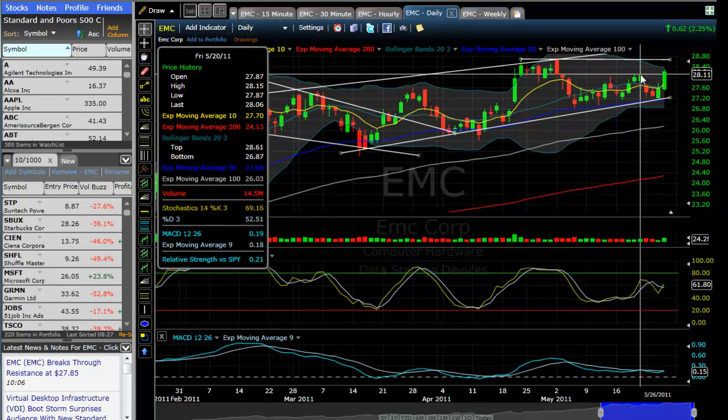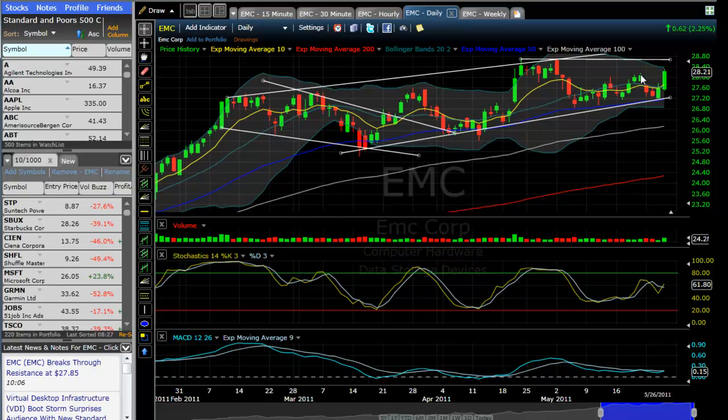Okay, when I saw this poke above that, I exited my entire position, only because I was starting to take off positions. I entirely expect this to get to the upper trend line, up to the 29, 75, 30 level on EMC. So I may get back on this, but I won't do it probably until Tuesday next week.